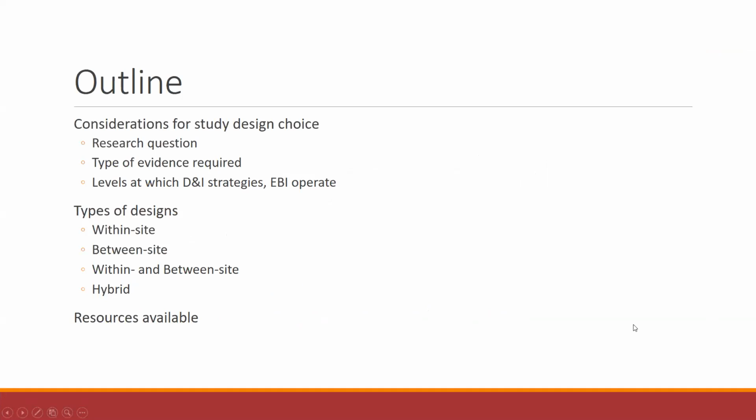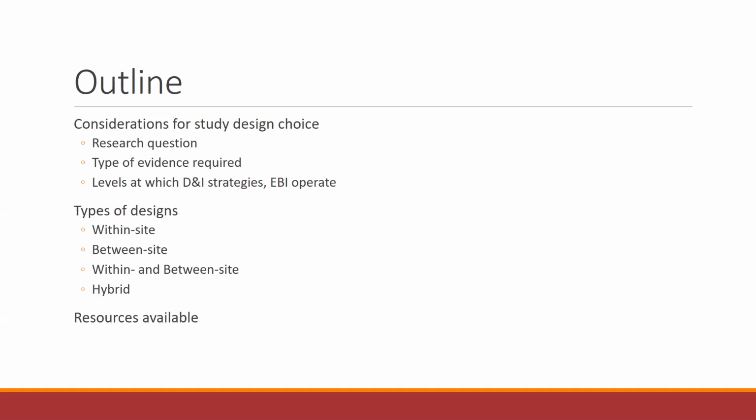Within this presentation, we'll think first about why we should care about choosing a study design carefully, how it relates to some of the other factors that are going on within your study, and then think about some specifics of different types of designs. Here I'm mostly focusing on quantitative and experimental designs, where you're thinking about testing the effect of implementation strategies on relevant implementation outcomes.